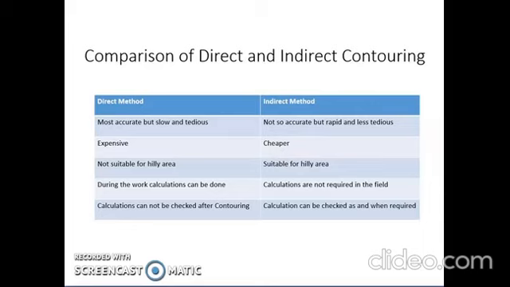In the direct method, calculations can be done during the work. In the indirect method, we cannot do any calculations in the field. We only take the field readings, and we do the calculations once we come back to the office. In the direct method, the calculations cannot be checked after contouring, so there is no check. But in the indirect method, the calculations can be checked as and when required.